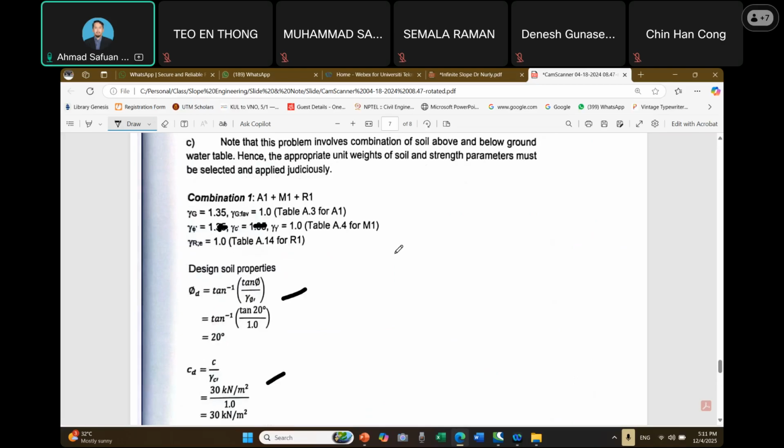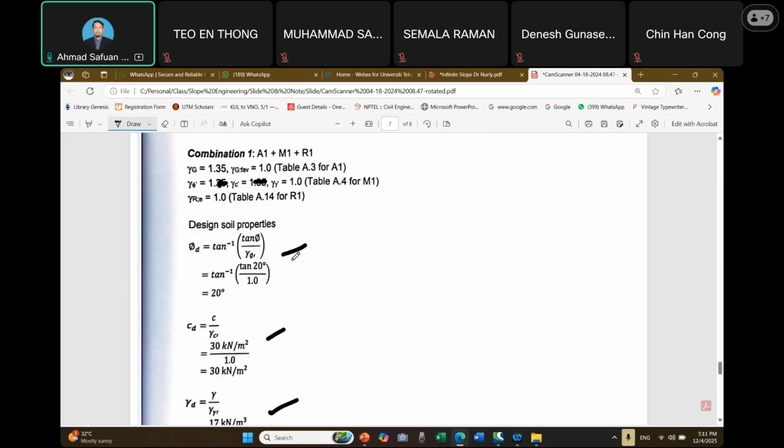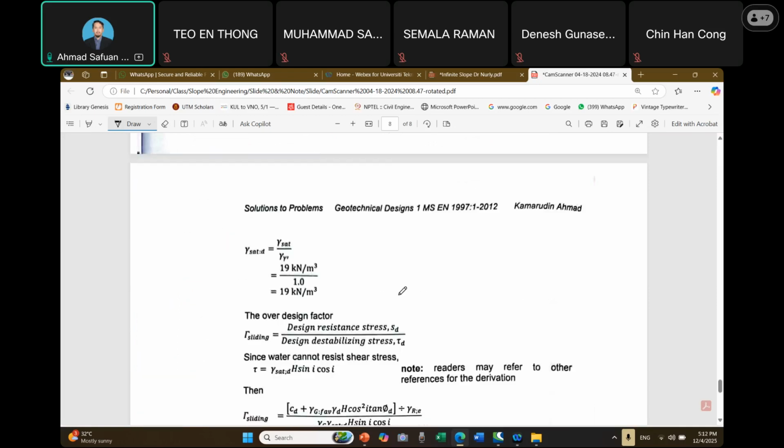For this example, combination 1 is supposed to be 1 for gamma phi and also gamma C. So this is correct. Phi D, CD, and gamma D, that is correct. This is 1.35 for the M2, this is also correct.